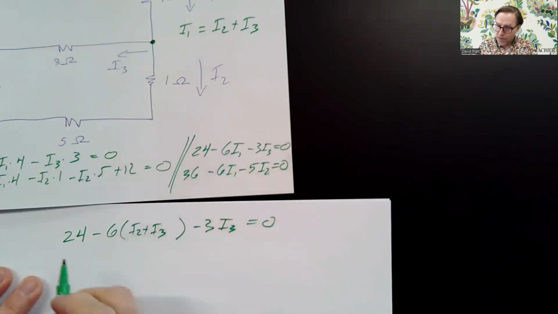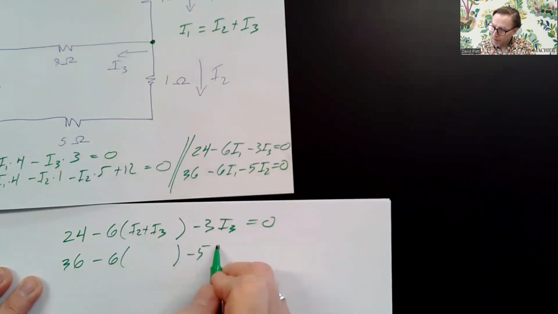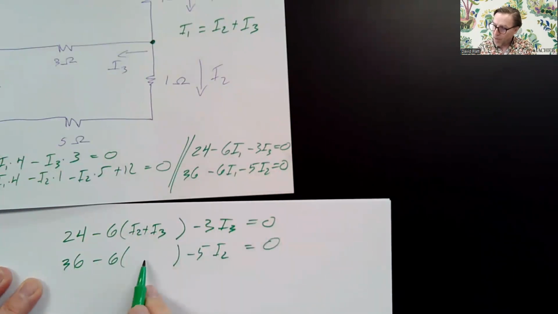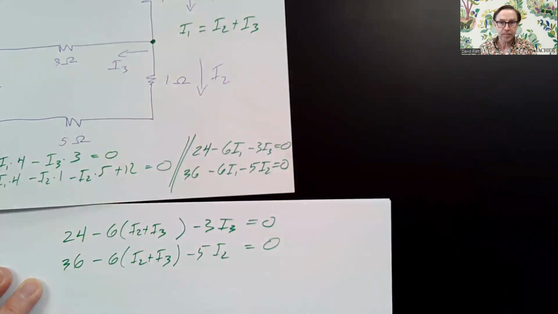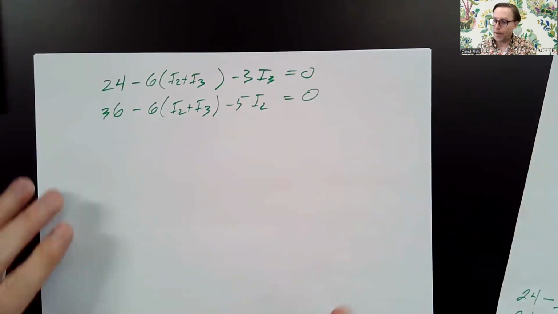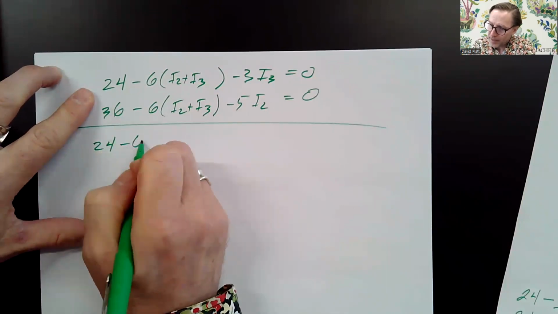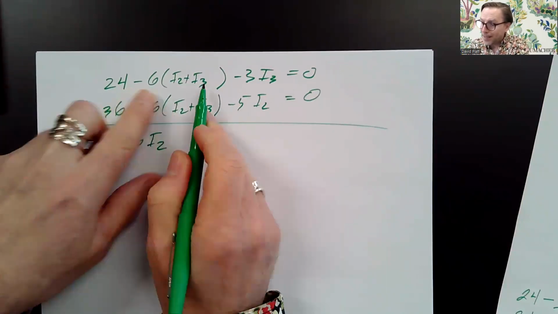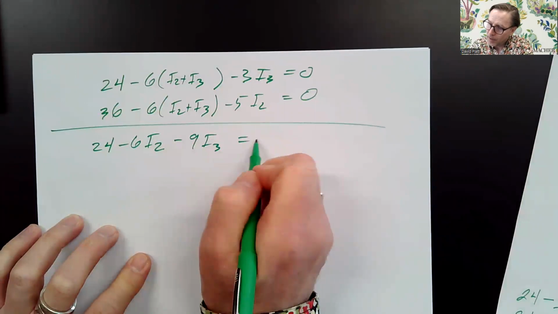And I'm going to do the same thing here. 36 minus 6I1 minus 5I2 equals 0. And instead of I1, I'm going to write I2 plus I3. I did this substitution. See it? All right. So now I have 2 equations and 2 unknowns. 24 minus 6I2 minus 6I3 minus 3I3 is minus 9I3 equals 0.